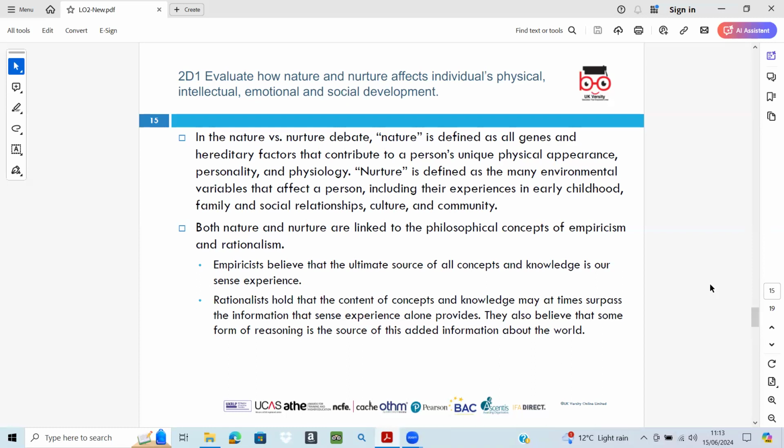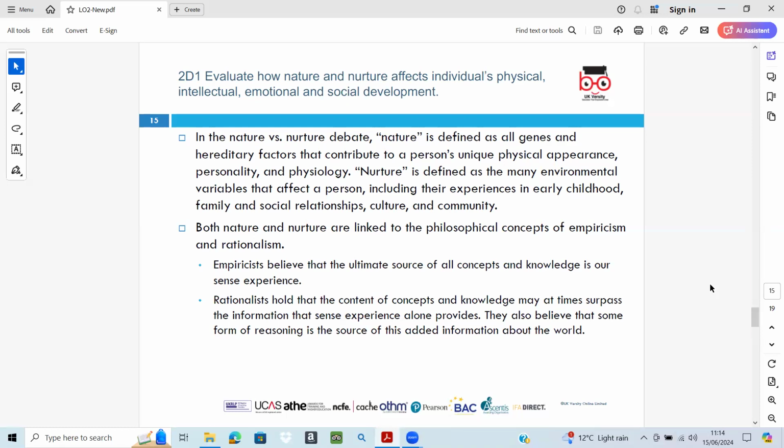In the nature versus nurture debate, nature refers to genetic inheritance and hereditary factors influencing traits, while nurture involves environmental variables like upbringing, experiences, relationships, culture, and community that shape an individual's development.